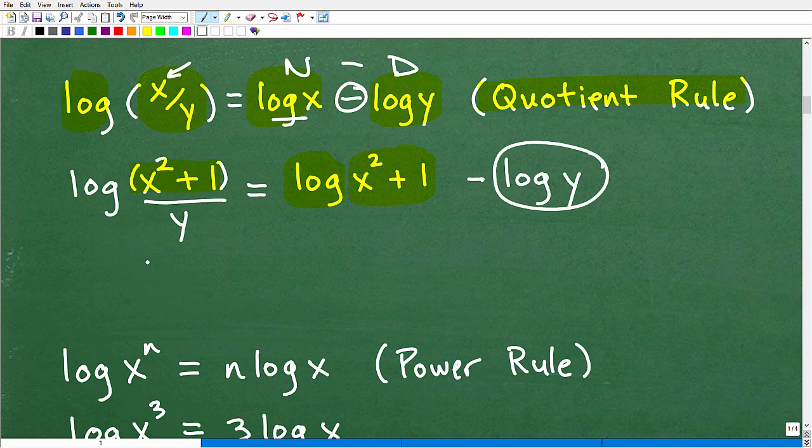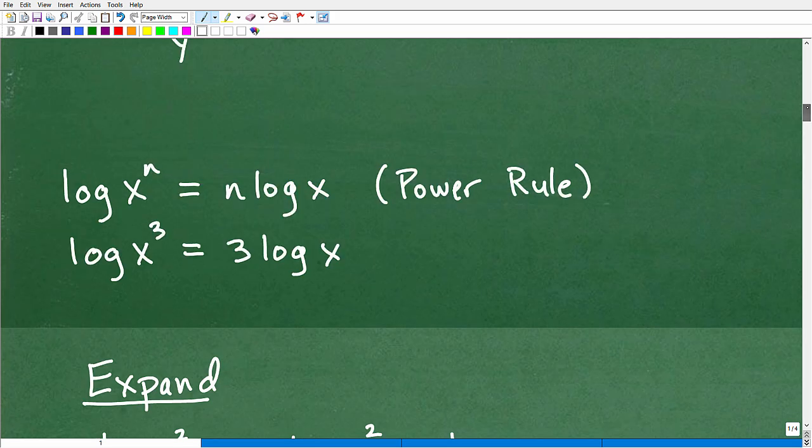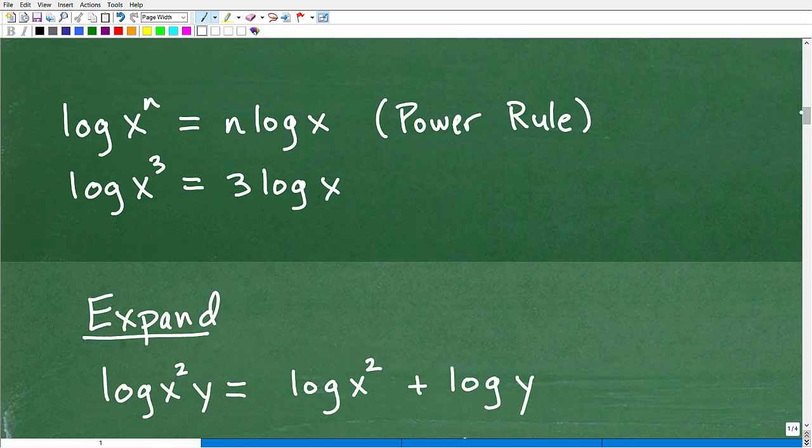So very straightforward, and hopefully these are easy examples to see what's going on. It doesn't have to be harder than what it is, but where students get confused is when there are bigger expressions. So we're going to start with the easier stuff here.